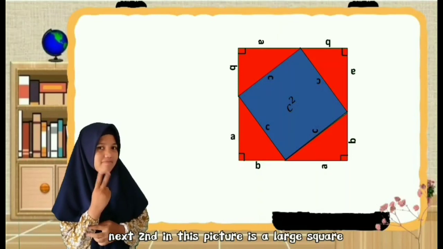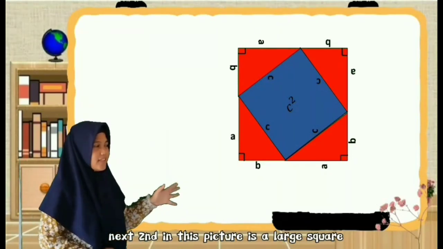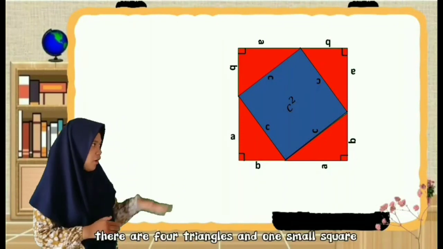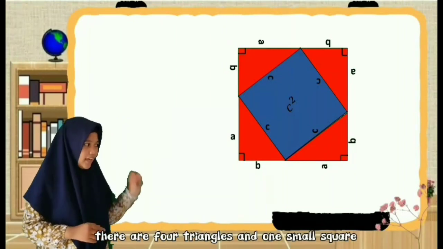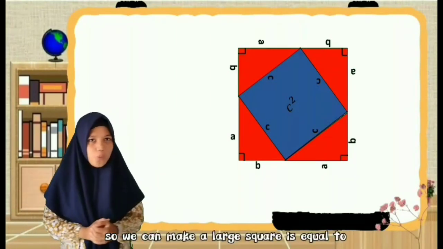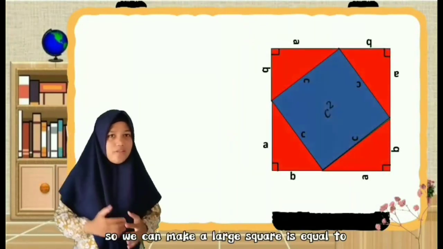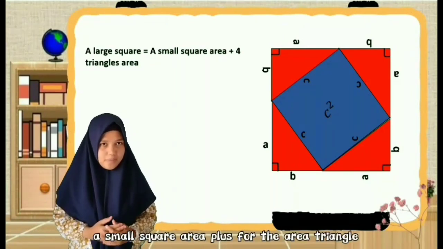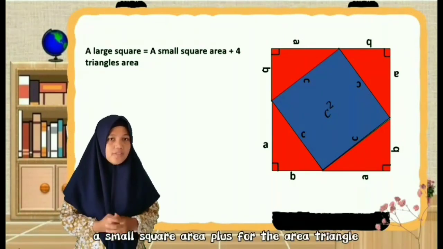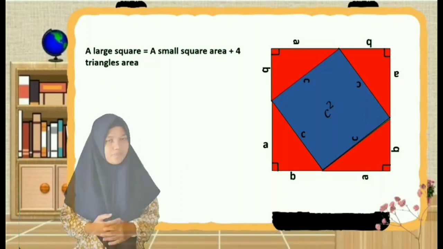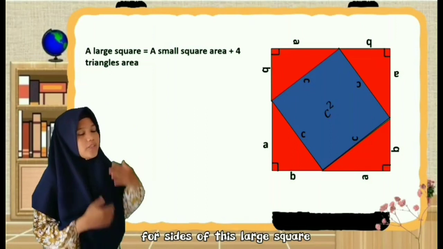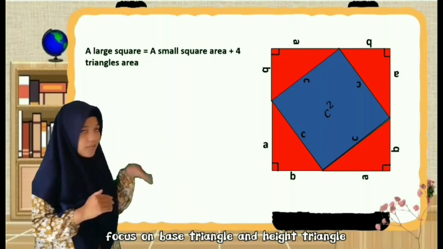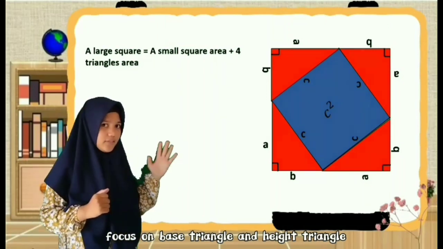Next, second. In this picture is a large square. In the large square, there are 4 triangles and 1 small square. So we can say the large square is equal to the small square area plus 4 times the area of a triangle. For the sides of this large square, focus on the base and height of the triangles.